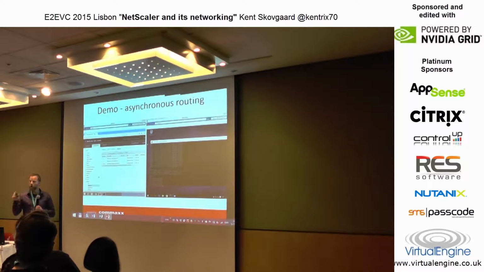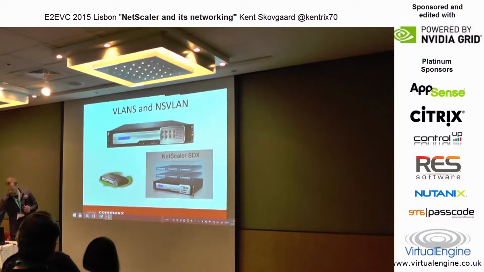And this doesn't work because of this firewall that I have listed up, it's a WatchGuard, but it could be a lot of other brands. Most serious firewalls will block this traffic, right? So it sees you got an IP packet through, and you get the IP packet back through the NetScaler, so it will do asynchronous routing. This is not great. So the next time you get a packet, the firewall will say, I know I talked to you, but I never saw the return, so you cannot go through. Okay? Yeah.